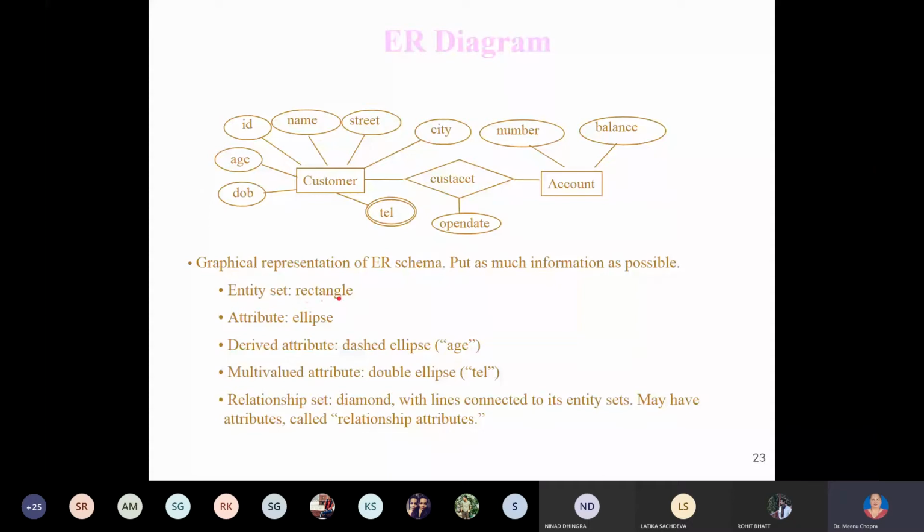So go for the correct shape. Entity set, go for the rectangle. Attribute, go for the ellipse. Derived attributes, go for the dashed ellipse. Age is your derived attribute. So make sure you have all correct notations, correct symbols, and correct representation. Pictorial representation should be correct.